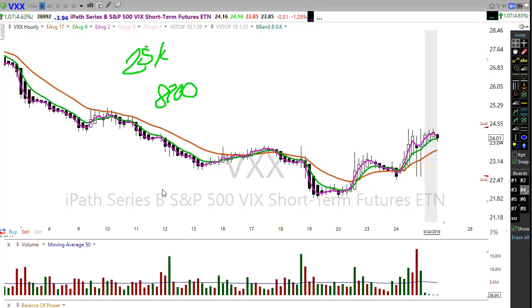We used a setup very similar to this. The entire plan was to try and make $50 a trade and then close the trade. It made $50, closed the trade.